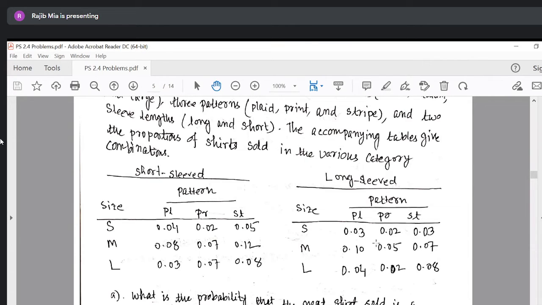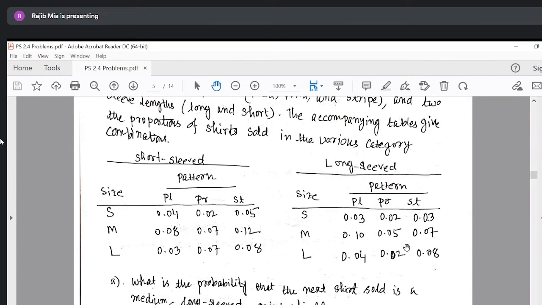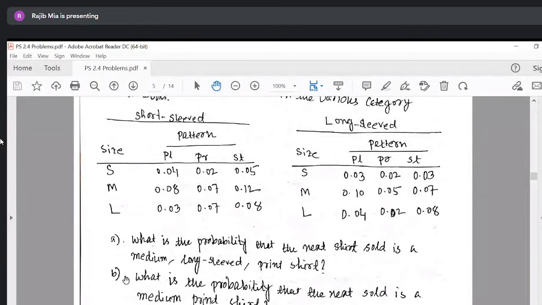Long sleeved, and then medium, and then print, 0.05. Yes. So long sleeved means this second table here. So second table for medium and print shirt, this probability is 0.05. Okay. Now part B. What is the probability that the next shirt sold is a medium print shirt? 0.12.